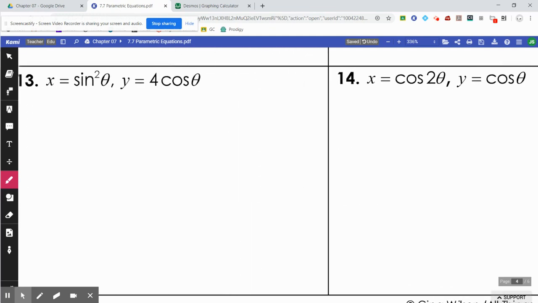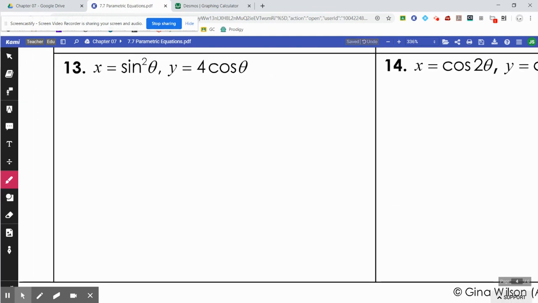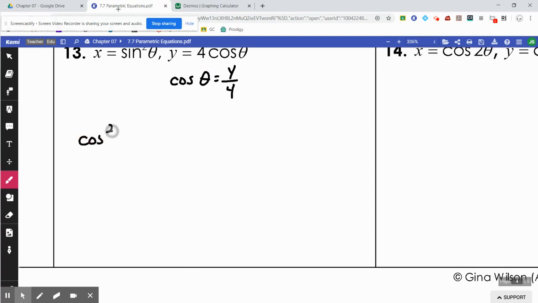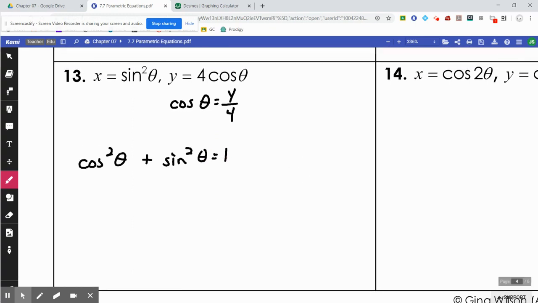Number 13 looks very similar, except you have x equals sine squared and y equals 4 cosine. So we can use that same sine squared plus cosine squared is equal to 1. Let's go ahead and solve the second one first. The cosine will equal y over 4. So now we have cosine squared plus sine squared is equal to 1, which is the one we're going to use a good bit.